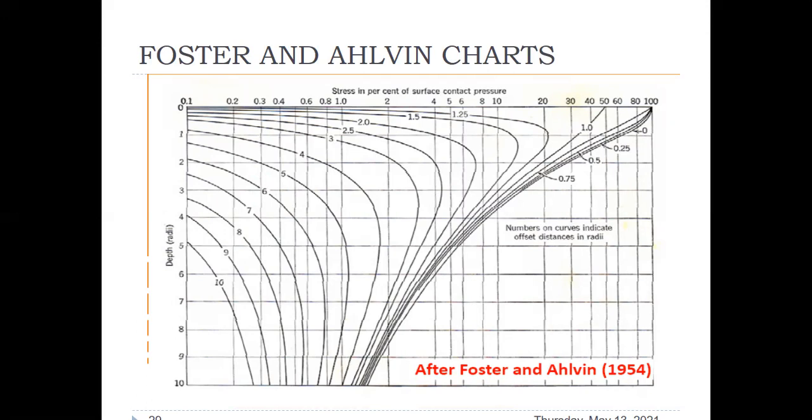So Z upon A can be 0, R upon A can be 0. But if Z upon A is 0, then obviously the stress will be maximum. As you know, this is a flexible pavement, and as we go below, this stress will tend to reduce.